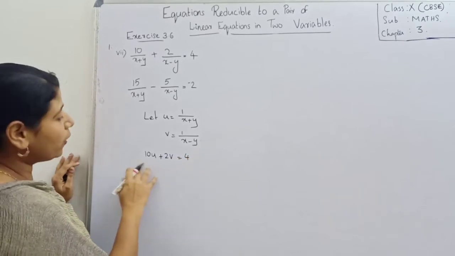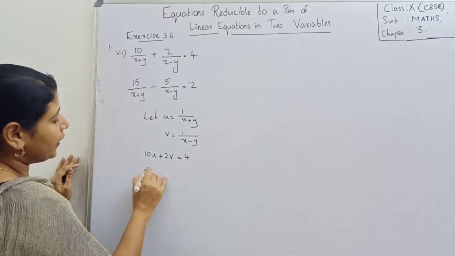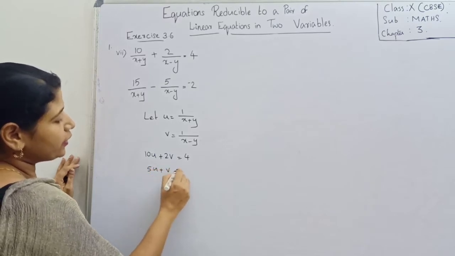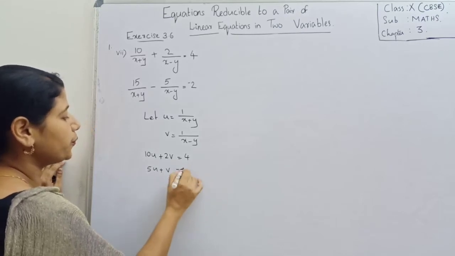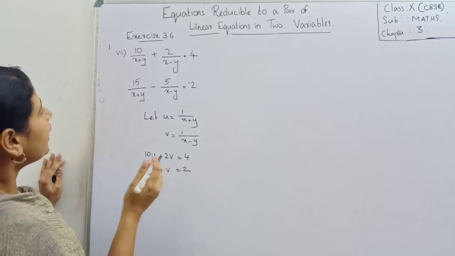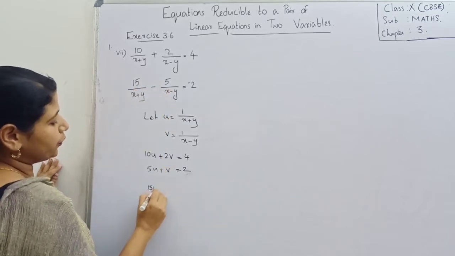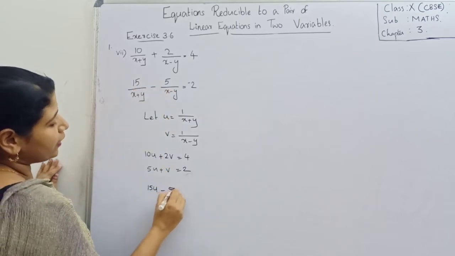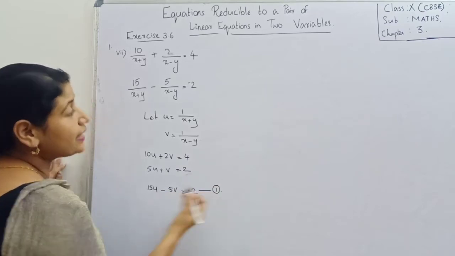We can divide all the terms by 2. Then we can write 5u plus v equal to 4. Not 4, it is 2. And what about the second one? In this case, we can write 15u minus 5v equal to negative 2. So this is your first equation.